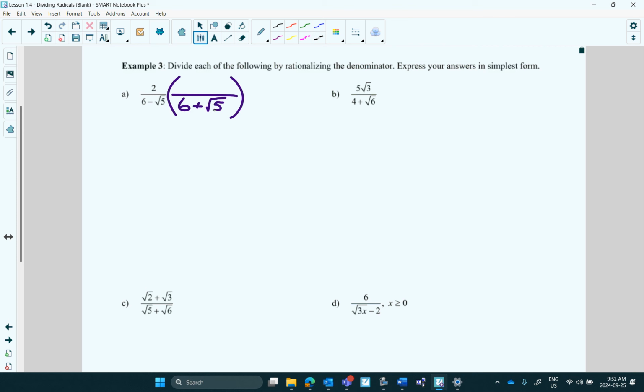Do you remember what we called these two? Conjugates. Exact same terms, but opposite signs. When you multiply a binomial by its conjugate, when you do the 4 multiplications, the middle terms will cancel out. You'll be left with a non-radical number.